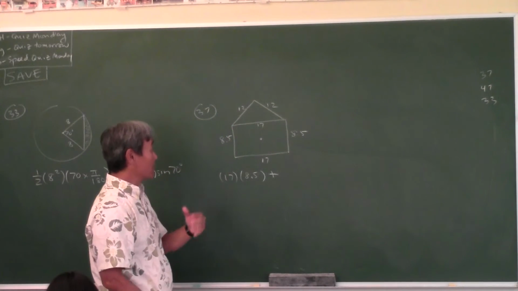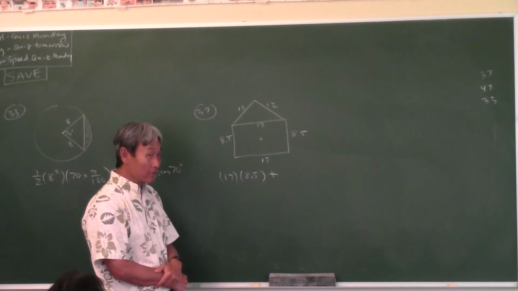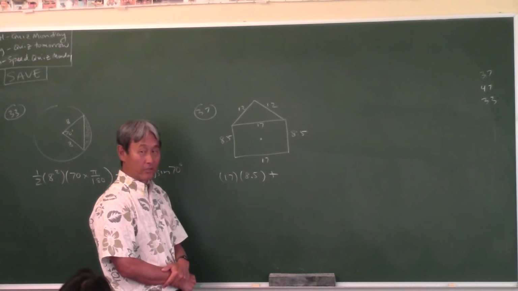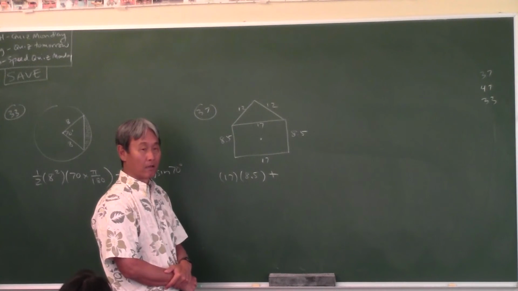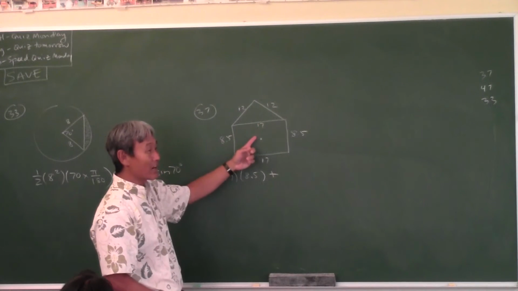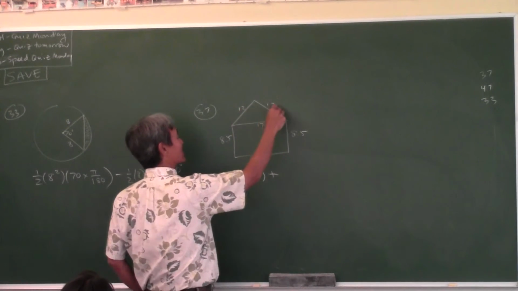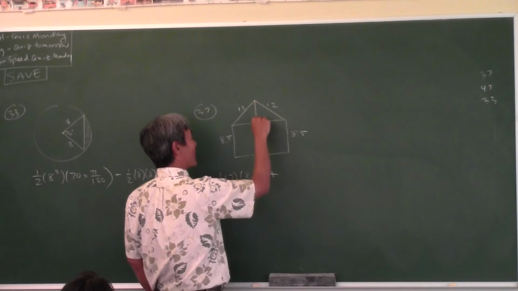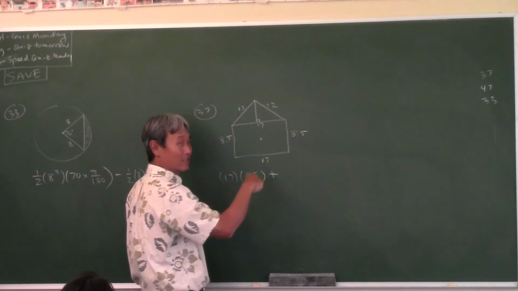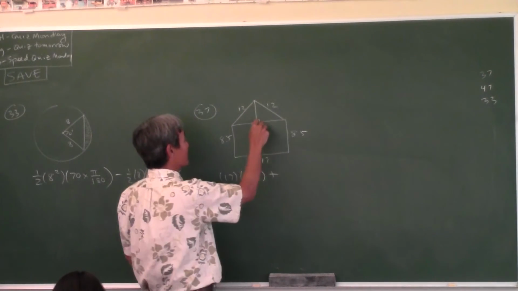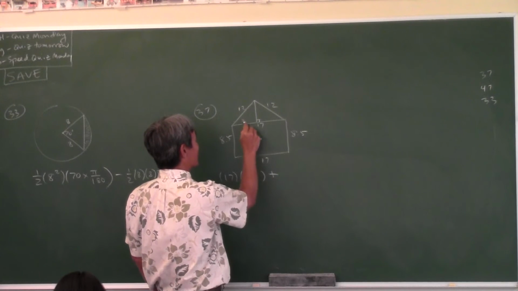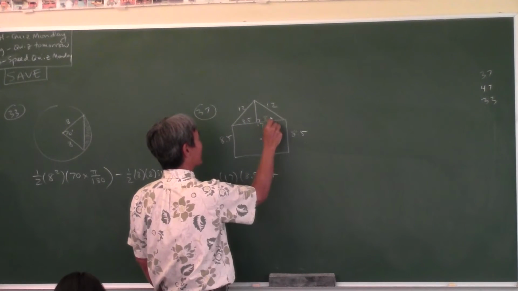Now, you can use Heron's formula if you want, but can you see you don't need to use Heron's formula? Because it's an isosceles triangle. If you have an isosceles triangle, when you draw in the height, it's going to be perpendicular. So doesn't that mean it's going to be 8.5 and 8.5?